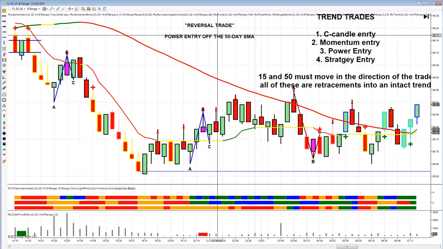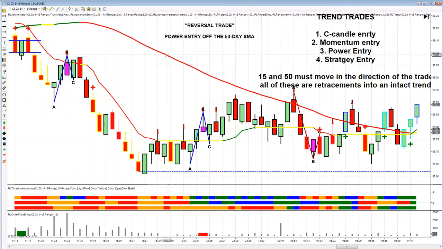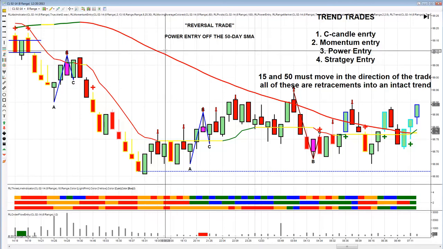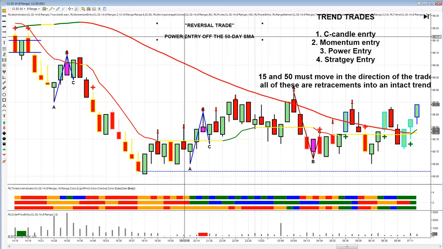And if you also remember what I said, most of them are going to be some percentage of a Fibonacci retracement, 50%, 62.8%. I don't remember the exact Fibonacci retracement numbers, but they're going to be deep Fibonacci retracement percentages back into an intact trend that come off the 50 with a power signal.